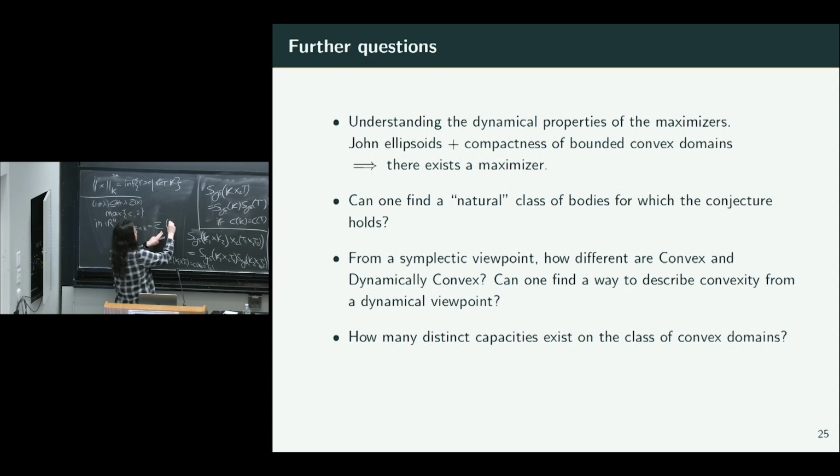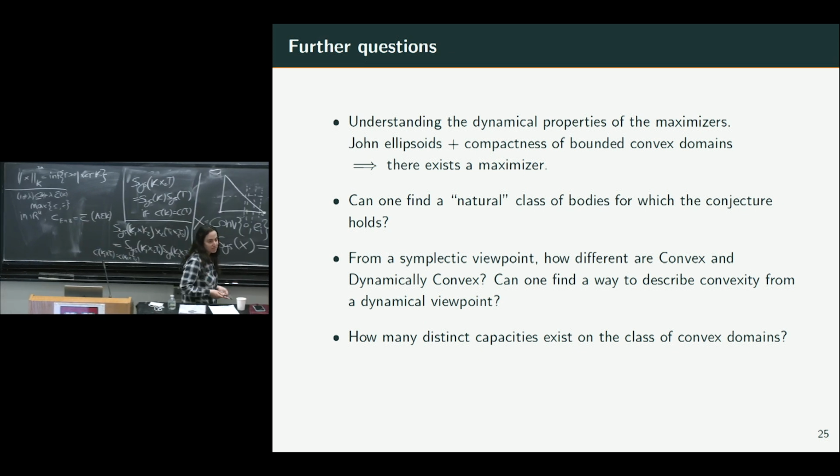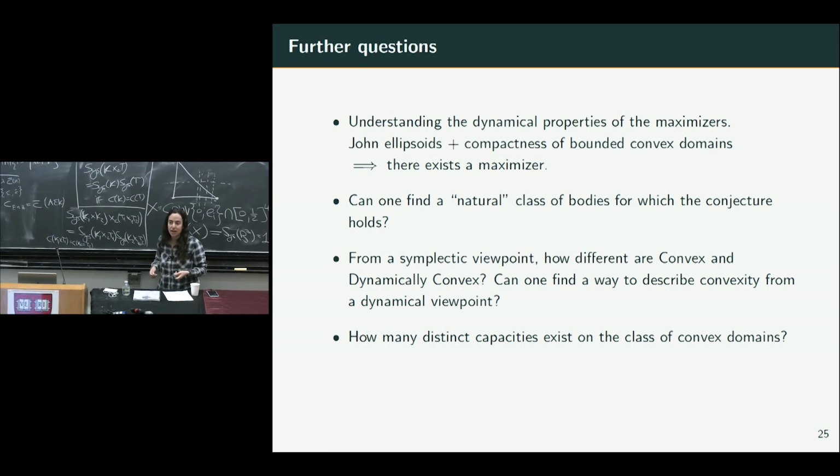This is by Bondandalo, Edmeyer, and Kang, and it's somewhat recent. And so this means that to this day, we only know of two capacities in dimension 4: the Gromov width and this one. And it would be interesting to say whether these are actually the only two up to these trivial operations.